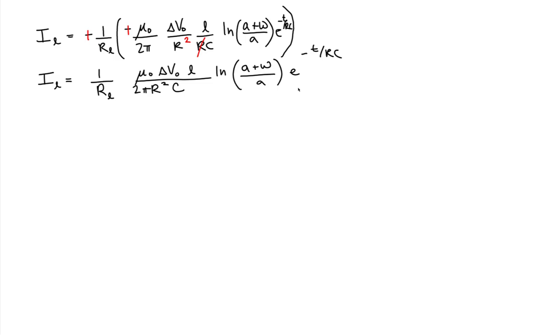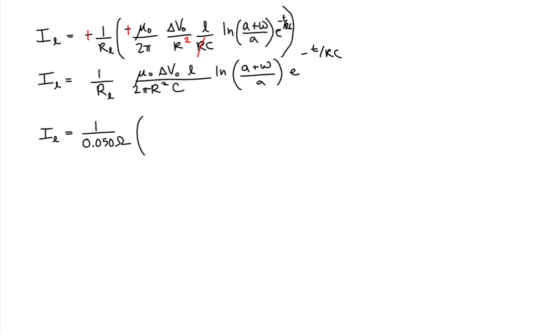We are now ready to plug in numbers into this expression. We'll begin with the resistance of our conducting loop. We were told that that was equal to 0.050 ohms.